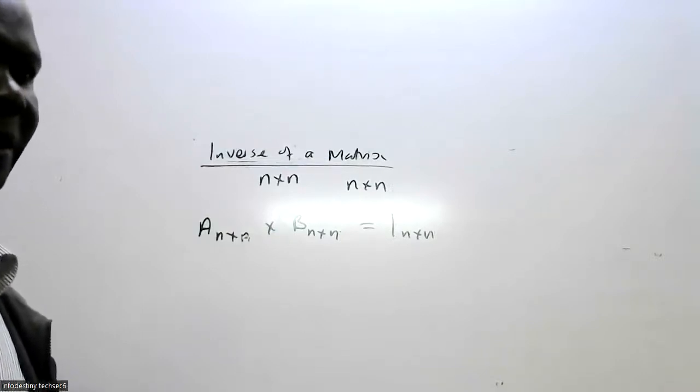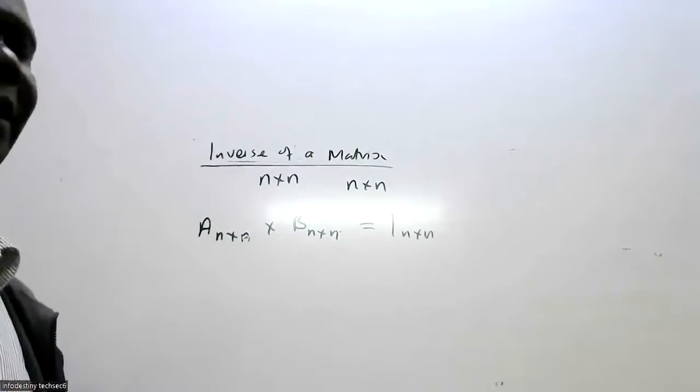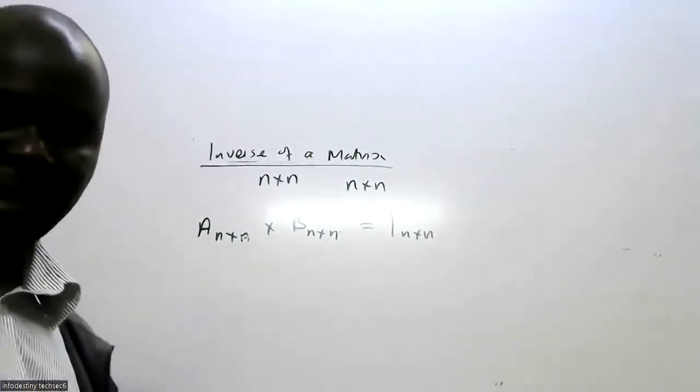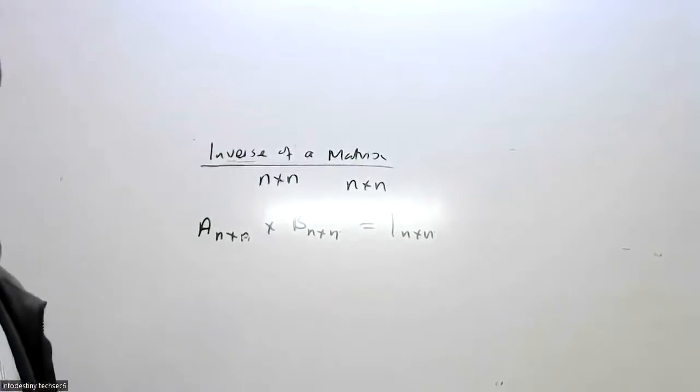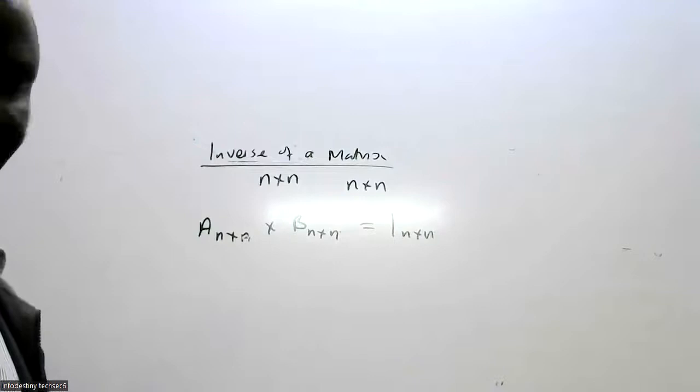The resultant matrix is then multiplied by the inverse of the original matrix determinant.